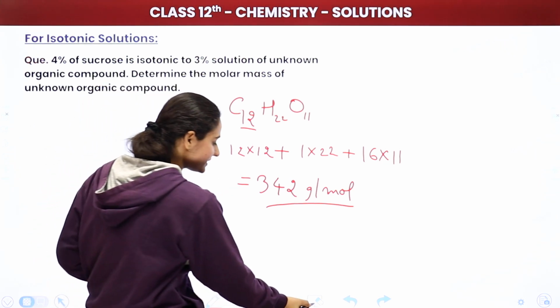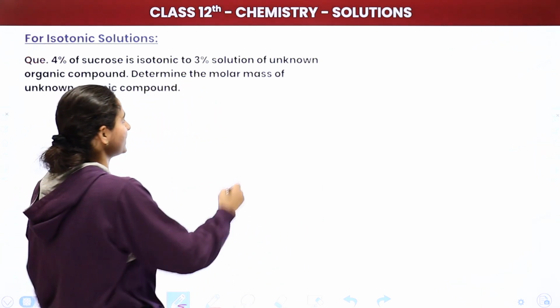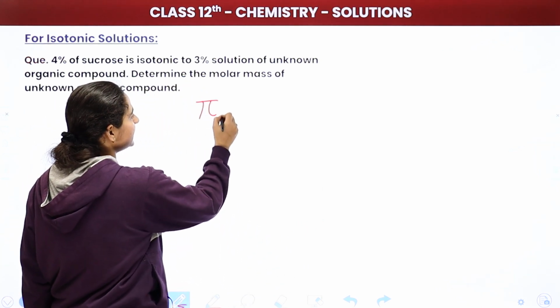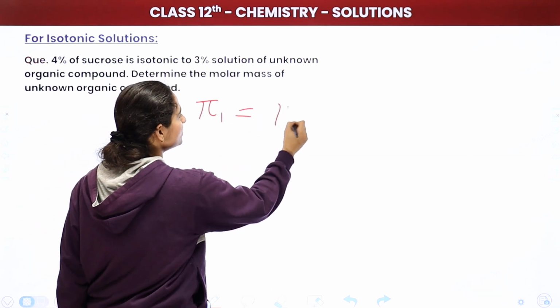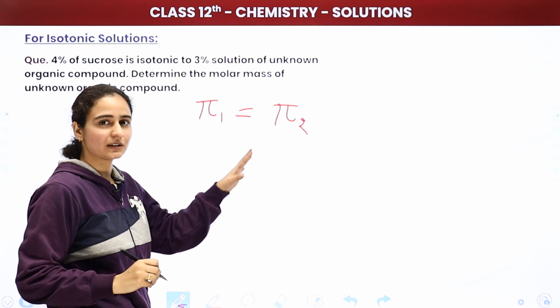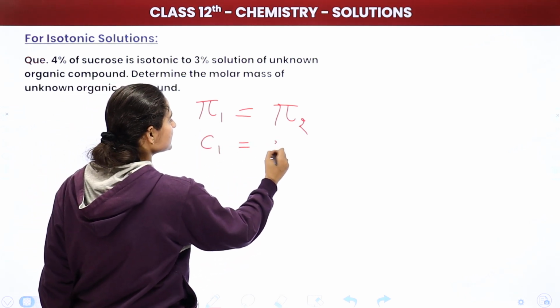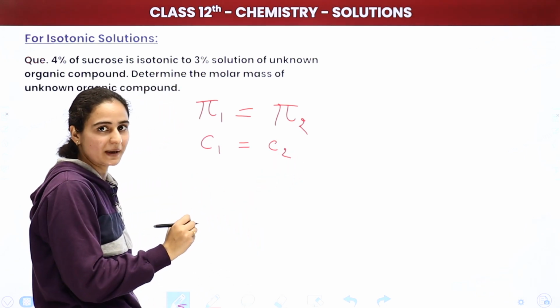I am erasing this for now. Then we'll write the formula and complete this last question. So we can write that pi 1 equals pi 2. For isotonic solutions we write that the osmotic pressure is the same, so we can understand that the concentration of both is also the same.